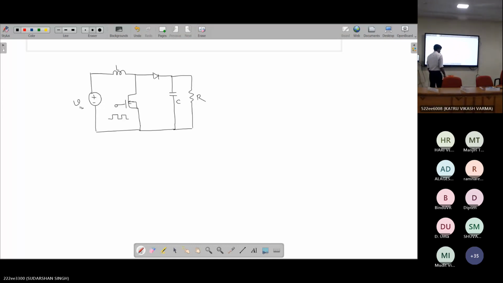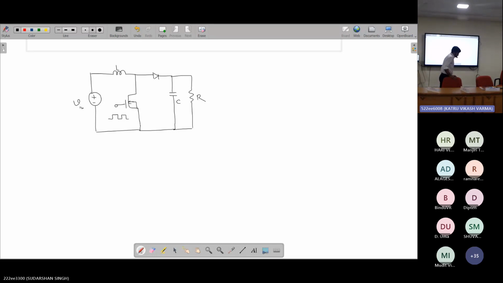So in this session, obviously the time is very less, but I will try to design a boost converter for a certain application. It is not only the power stage design but also the controller design that I will do, and my student will show you the simulation results.